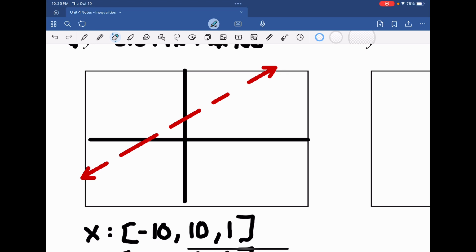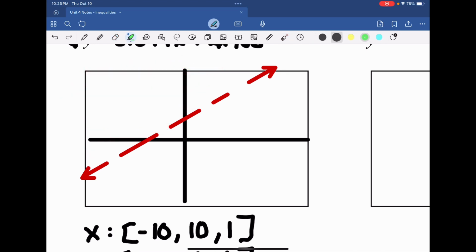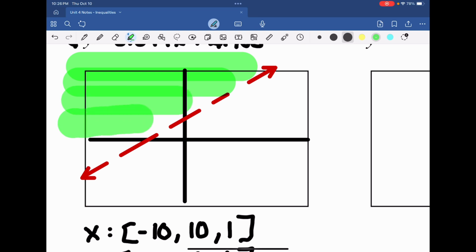And if it's greater than, we say that greater than is all the values above the boundary line, which is here. So we're going to shade, and we're going to be very careful about the boundary line again, because I don't want to shade on the boundary line. If I shade on the boundary line, that seems like I'm telling you that that is applied here. So I'm just going to use enough shading to fill that in without actually touching the boundary line, just to avoid confusion. There we go. So the inequality will be satisfied for all values that are in this green region.